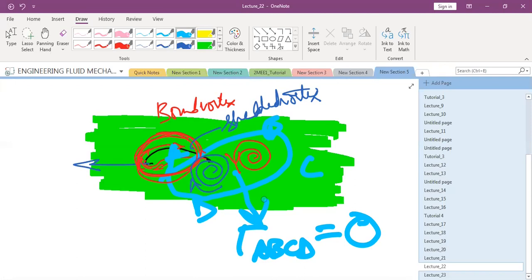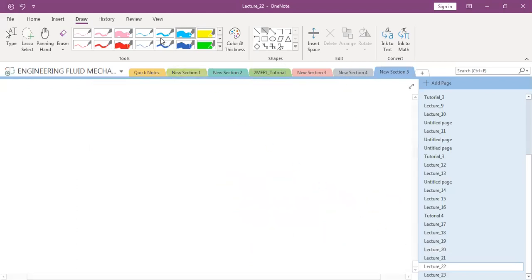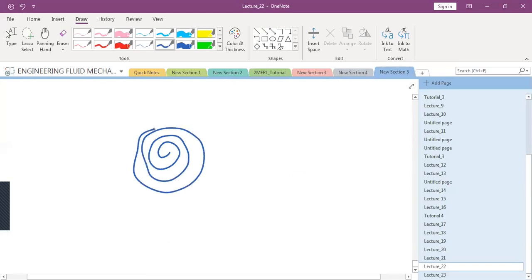Will these be stationary or will they be convected? Sir, the anti-clockwise one will go down, the clockwise one will go up. Why? Because they are rotating. They are rotating as a lump.